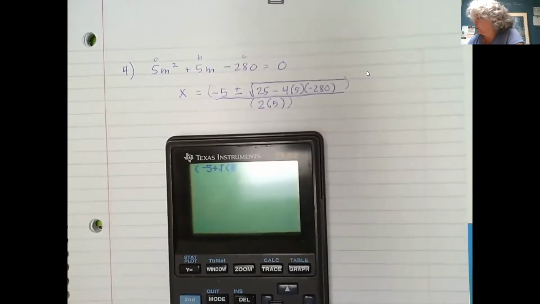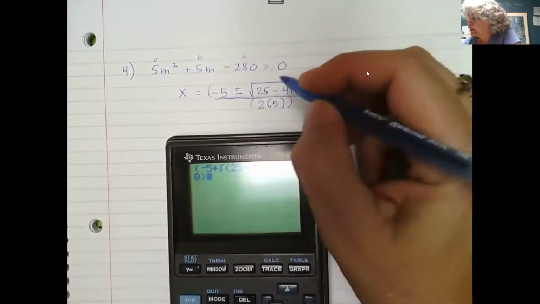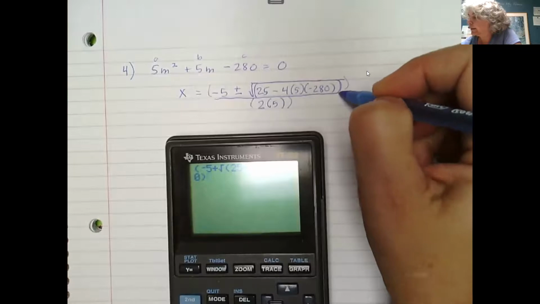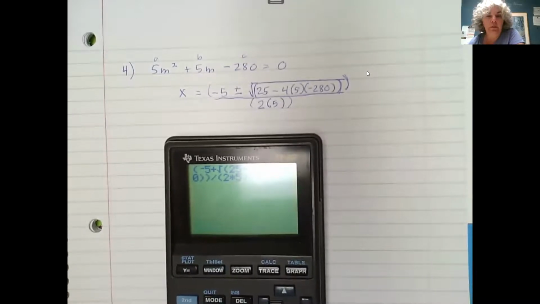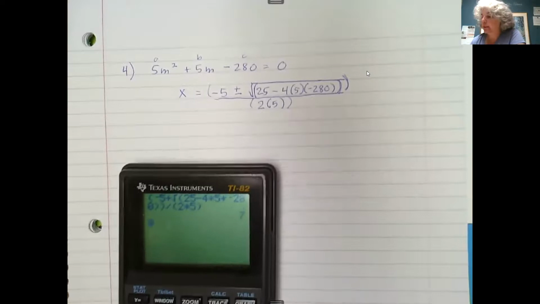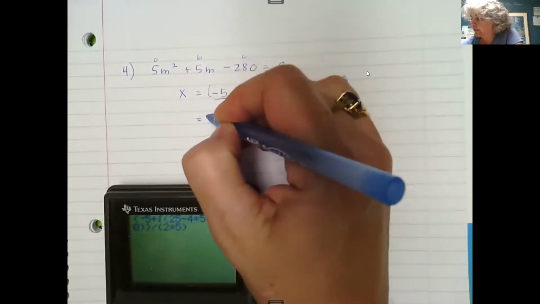So I'm going to say 25 minus 4 times 5 times negative 280. I'm going to close the parentheses. That's the inside parentheses. And then I'm going to put another parentheses out here at the end. And then that whole thing divided by, well, I can do parentheses 2 times 5, or I could just put in 10, since I know what that is. Let's see what we get. Oh, I get 7. Wow, all that, and I got 7.